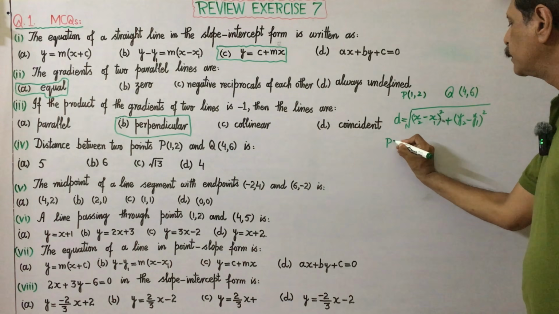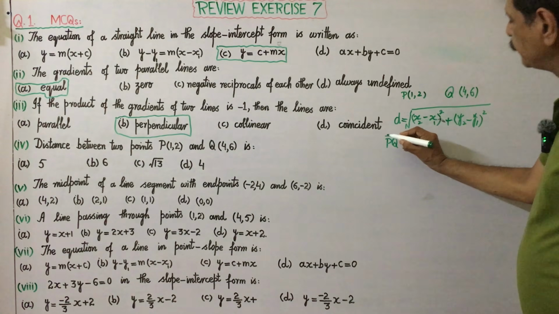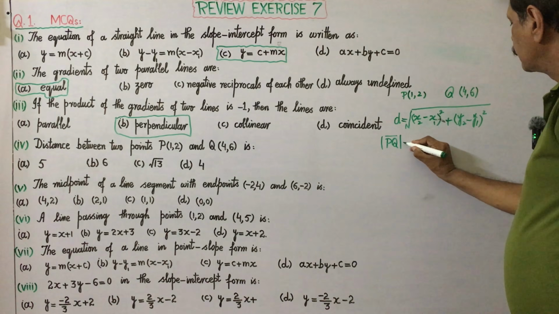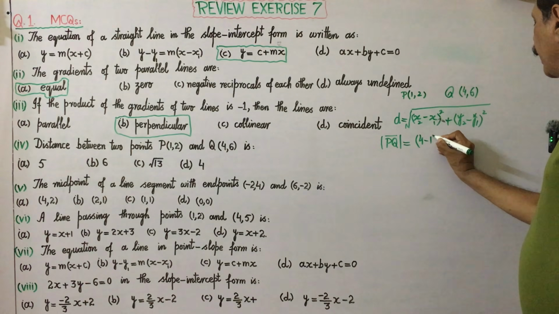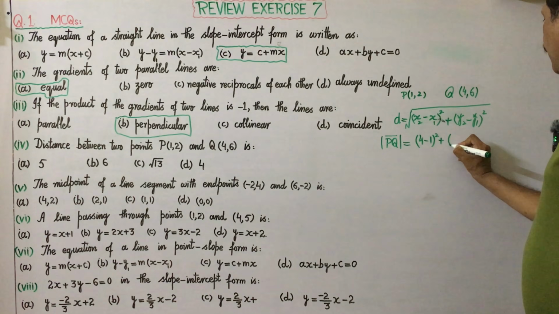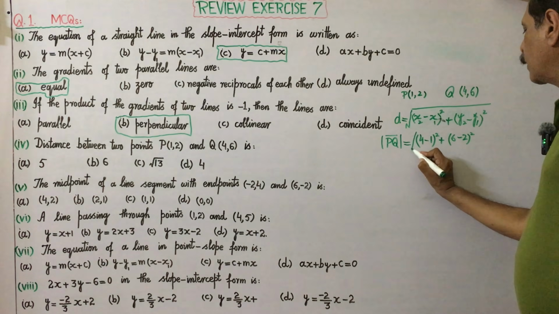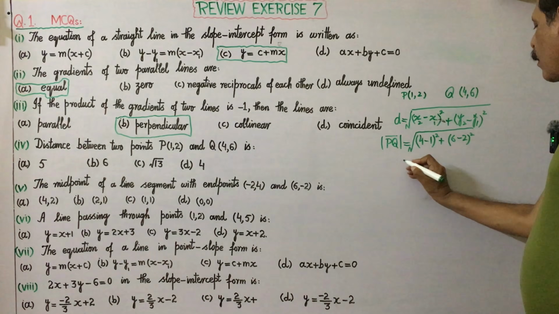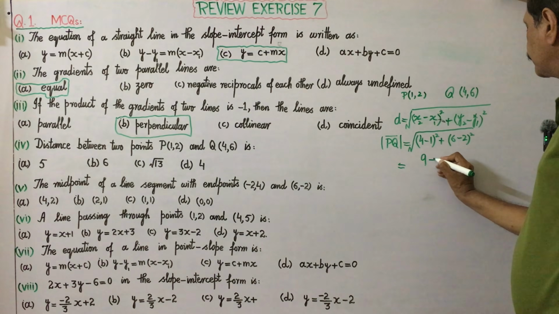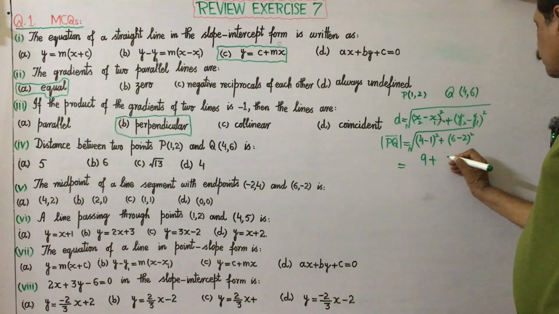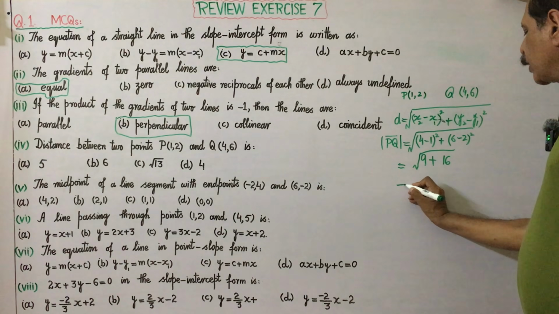Substituting the values, x2 4 minus x1 1 whole square plus y2 is 6 minus y1 is 2 whole square, square root of the whole. 4 minus 1 is 3, 3 square is 9. 6 minus 2 is 4, 4 square is 16. 9 plus 16 is going to be 25.